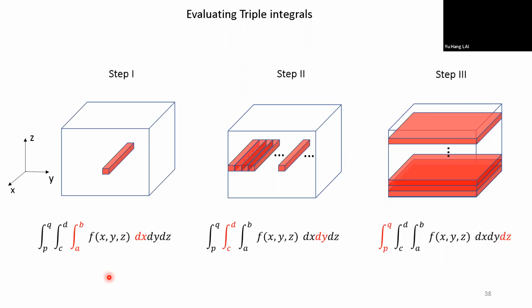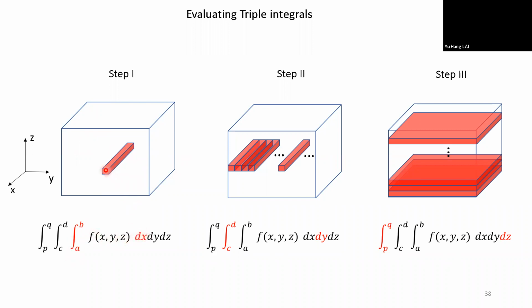So here again is some geometric intuition. Previously we cut it just into slices. Here we need to start from a small rod. That's for the innermost integral.